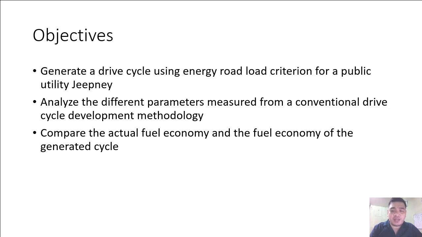Compare the actual fuel economy and the fuel economy of the generated cycle as tested on the chassis dynamometer using conservation of energy road load criterion and microtrip method on the public utility vehicles.